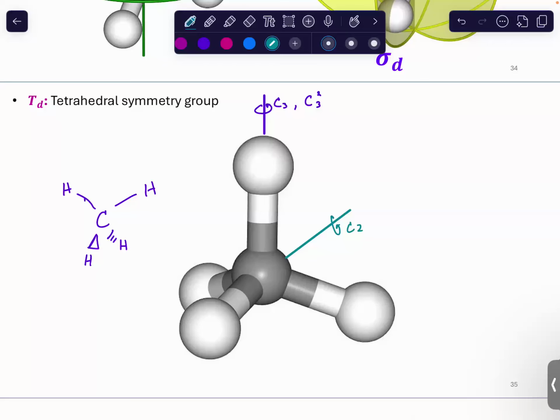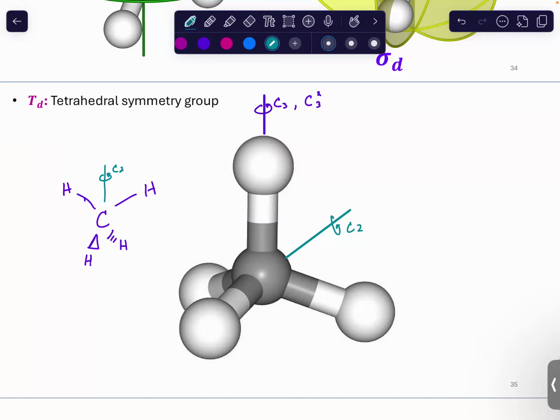So there's our C2, and then can you put one that's parallel to those two top hydrogens, like a plane there? Do I know what I'm talking about? I think you do. I'm just trying to grasp what you're saying.